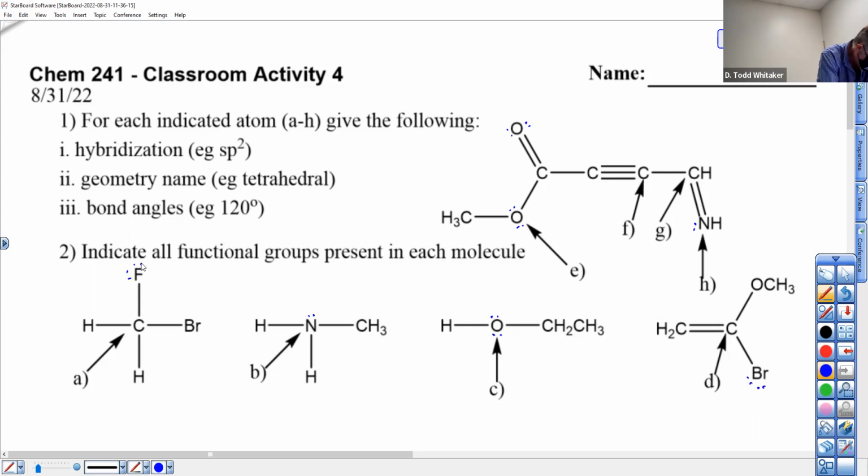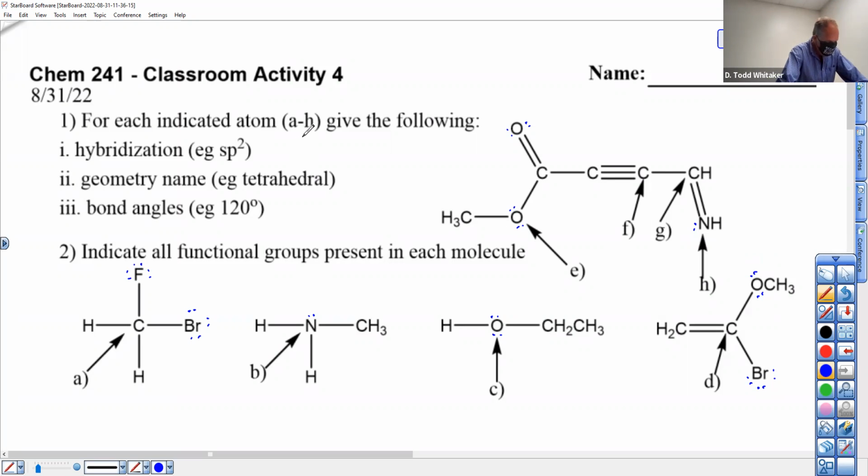I got fluorine and bromine, although those atoms don't have what we call geometry because they're on the end. There you go, just good practice. Unless it's a Lewis structure, you don't have to show lone pairs, but you do know they're there because you know the nature of the atoms, right?